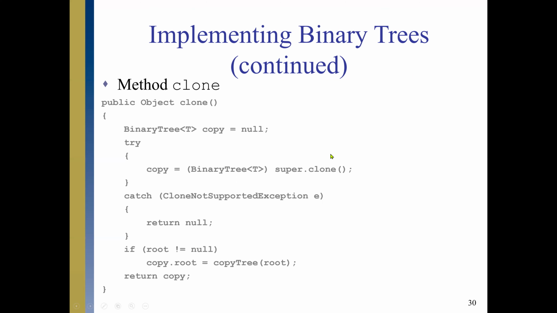If we don't have clone, we catch it using a CloneNotSupportedException. It cannot work. Other than that, we return null. Now we say that if the root is not equal to null, then let's make the copy tree root to copy.root. Then we return the copy.